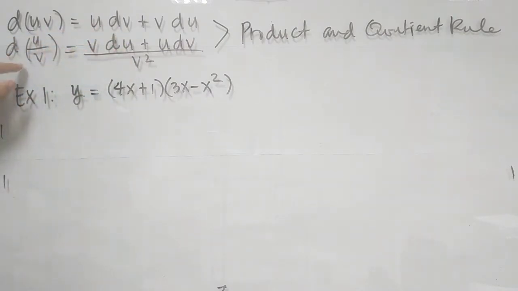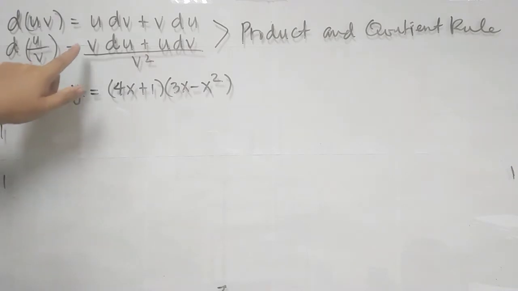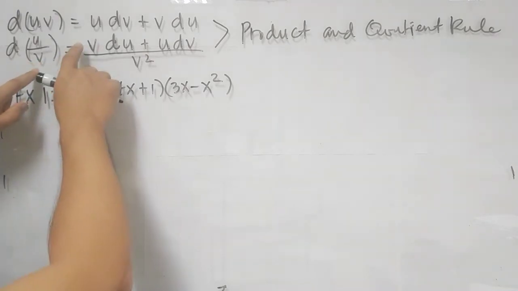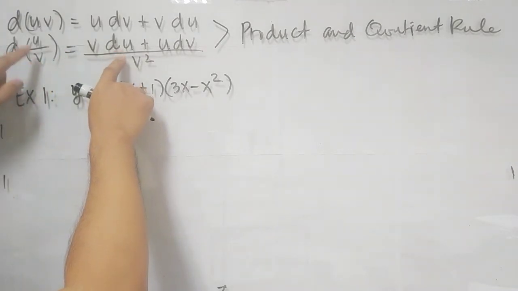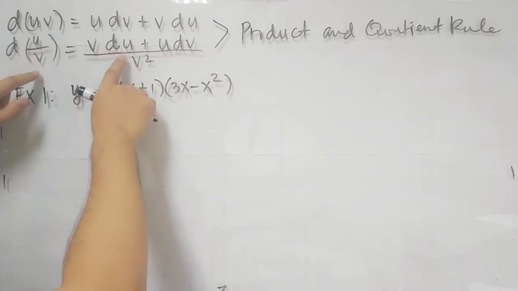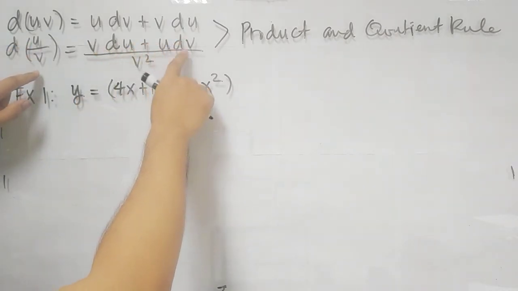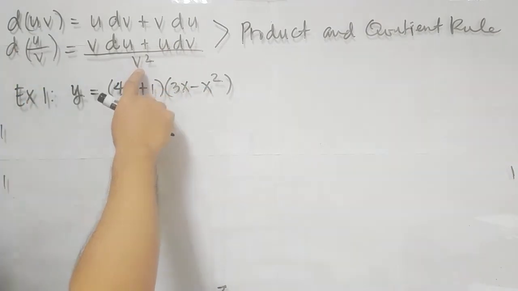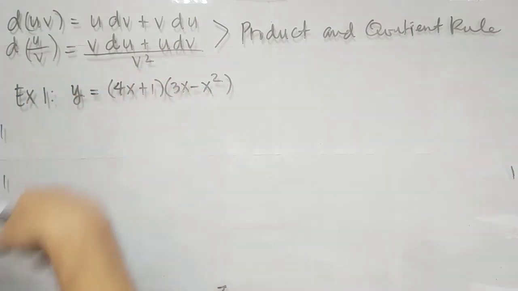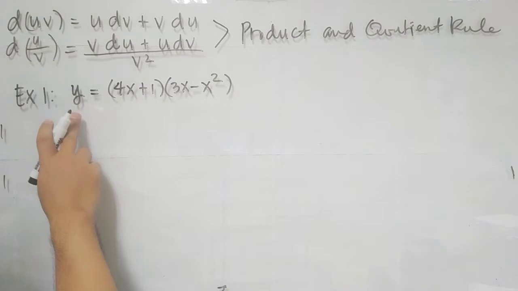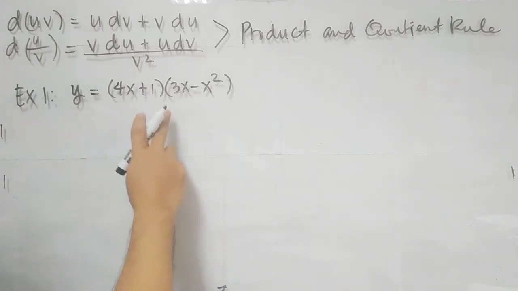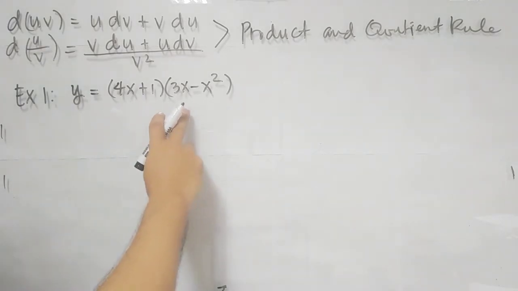For quotient, we have u over v, which is equivalent to v, your denominator, times the derivative of your numerator, that is du, minus u times the derivative of v, over v squared.